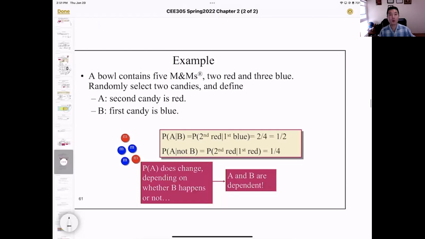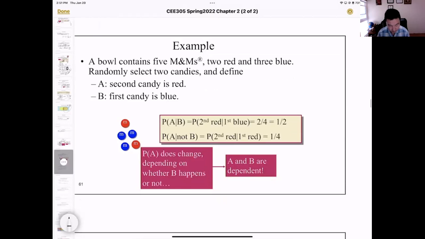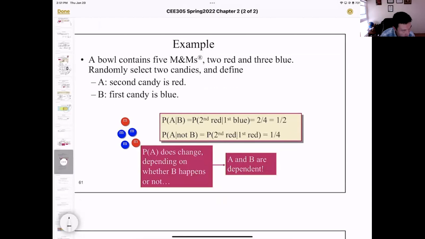And here shows two events that are not independent. Again, we use the candy problem. We have 5 candies: 3 blue, sorry, 3 green, and 2 red. Choose 2 candies at random. A is the second candy is red, and B is the first candy is blue. So let's calculate P(A given B).